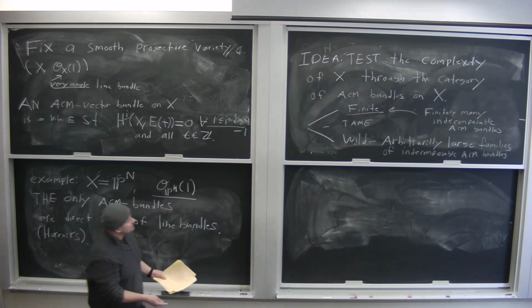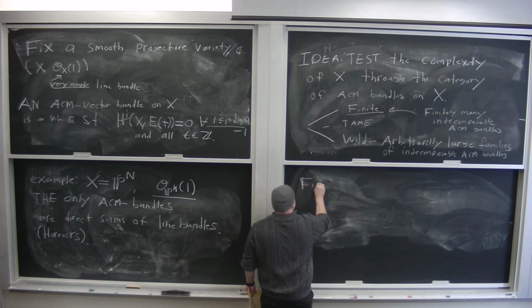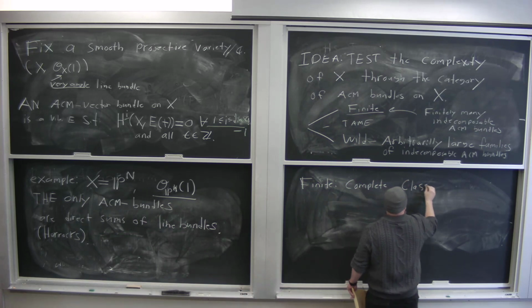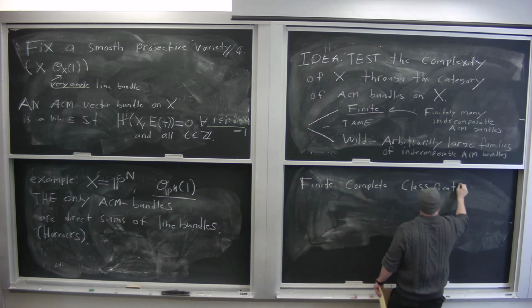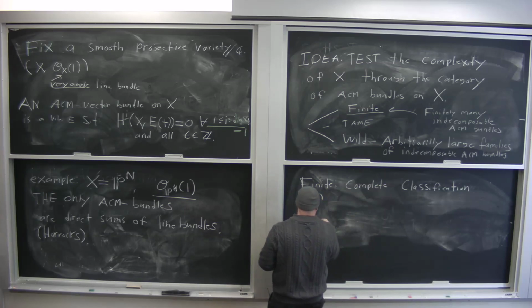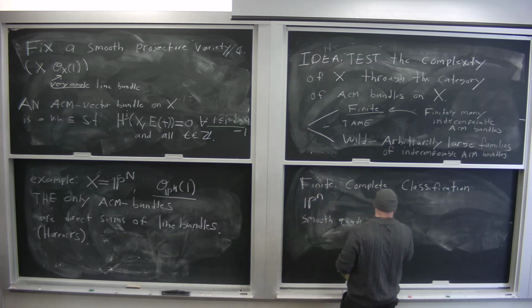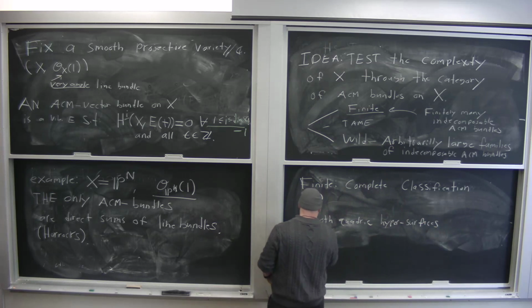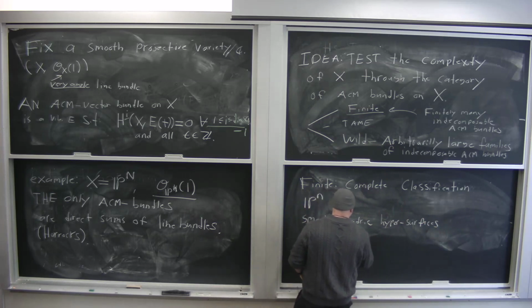And part of the reason why this might be nice is that in the finite case, there's a complete classification. So you've got projective space, smooth quadric hypersurfaces, you have a smooth rational curve.